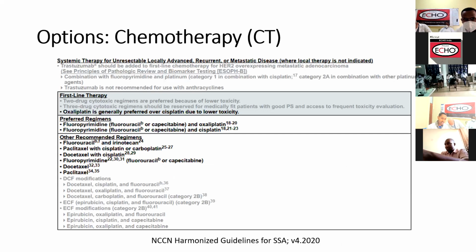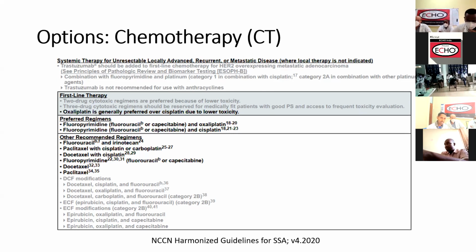As you can see from the slide, this is the NCCN harmonized guideline. This is the second version, which was published last year. As you remember, the NCCN guidelines were offered for the Sub-Saharan African countries.